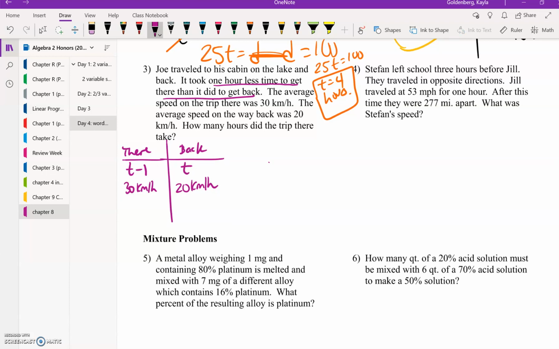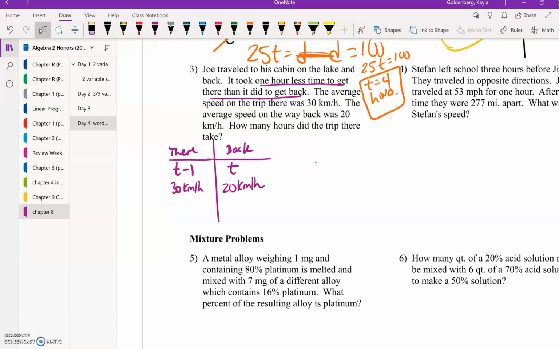So if I was doing my speed equals distance over time, and I'm looking for hours did the trip there take, going there, my speed is 30 kilometers per hour. That's equal to a distance over time minus 1. Similar for this trip back, my speed was 20. That's equal to a distance over the time t.